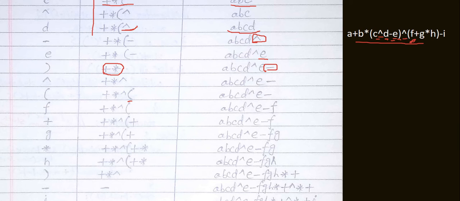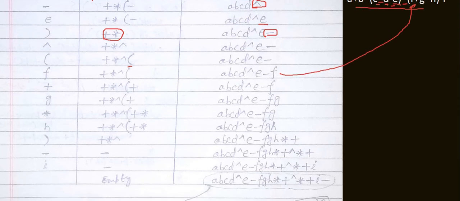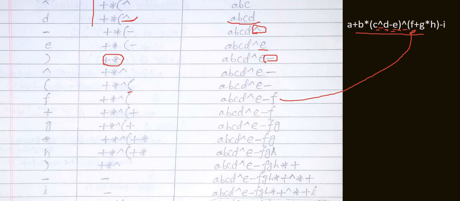After the push, there is an f, and this f just gets concatenated with the output expression. After the output concatenation, the plus is just pushed back again. The g is just concatenated.